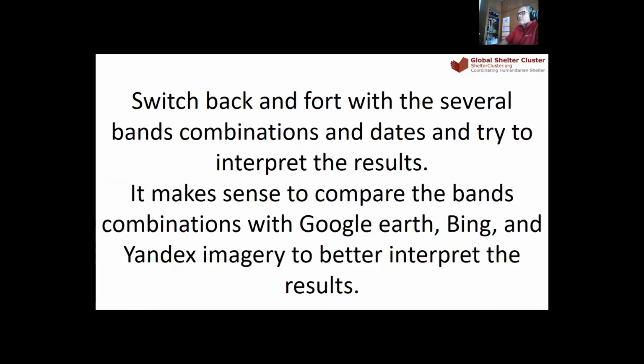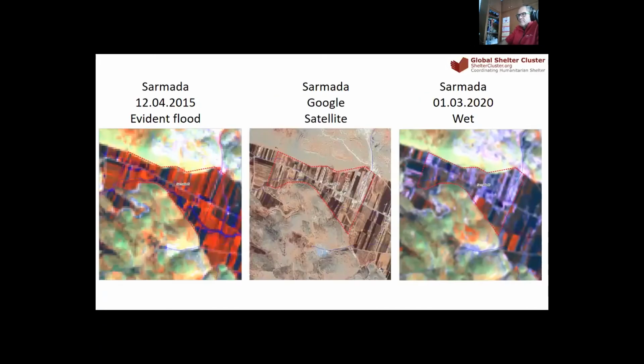And then, of course, you need as well to compare your result with Google Earth, for example. You see here, we have the flooding and then the Google Earth satellite. You can somehow identify the stream here, and somehow you can see even on Google Earth where the water was passing through.